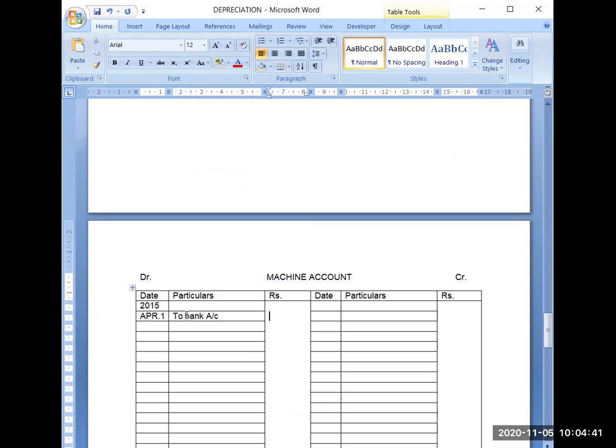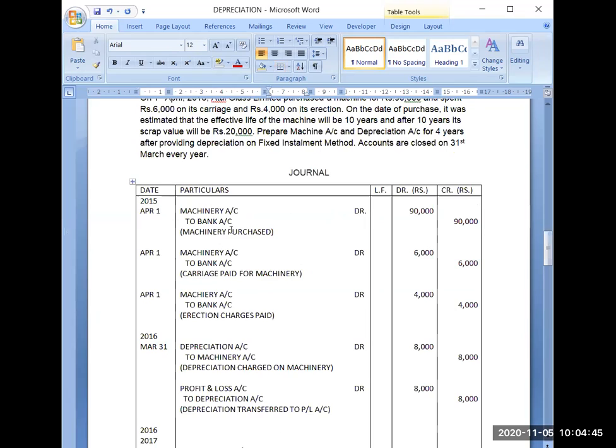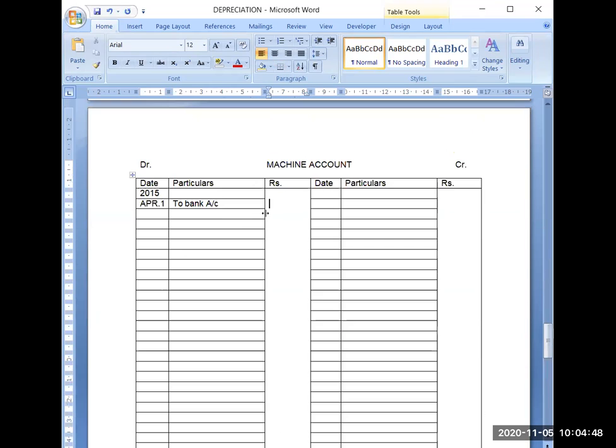The first entry amount is, sorry, let me check the amount. Yes, 90,000. Okay, fine. 90,000. Then the second entry amount is to bank account 6,000. Then the third entry amount will be to bank account 4,000.